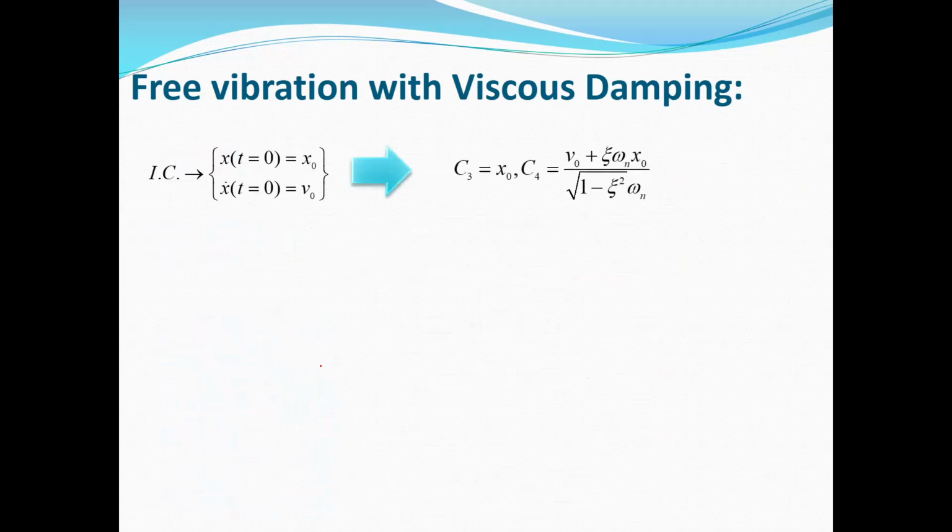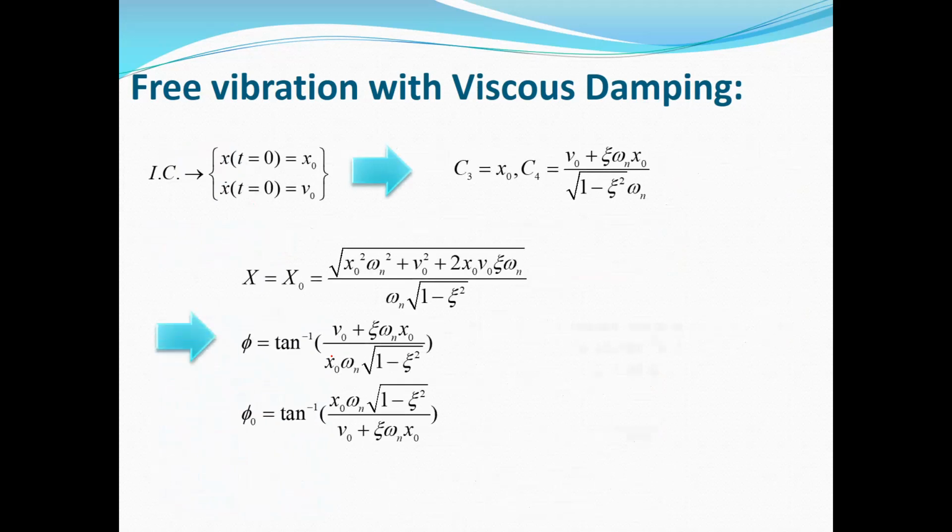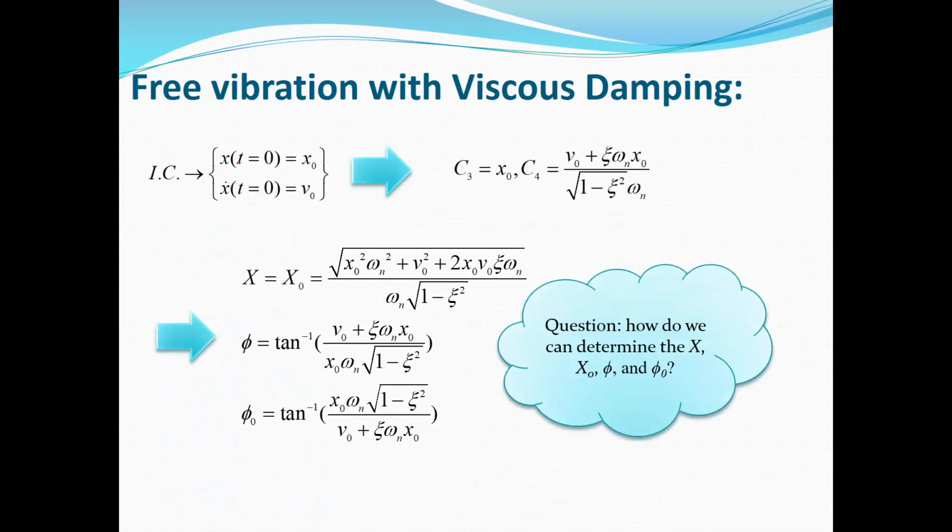So we can use the initial conditions to obtain the constant coefficients in the previous slide. If you use the initial conditions x naught and v naught, where x naught is the initial deflection and v naught is the initial velocity, you can easily obtain C3 and C4.